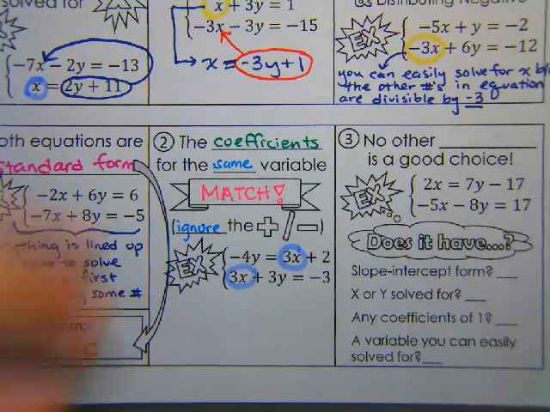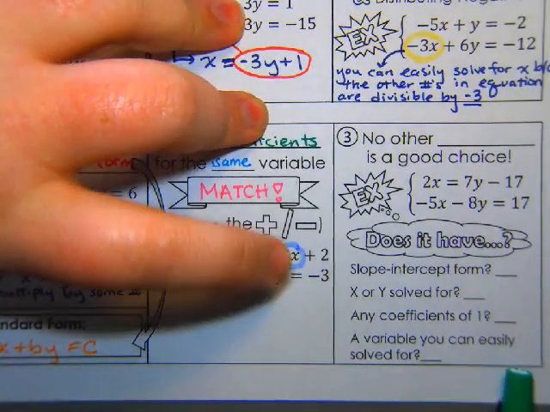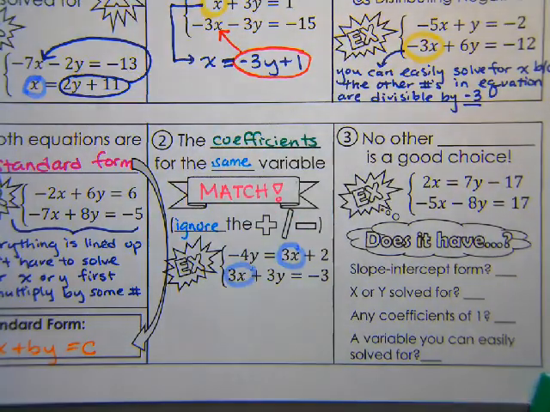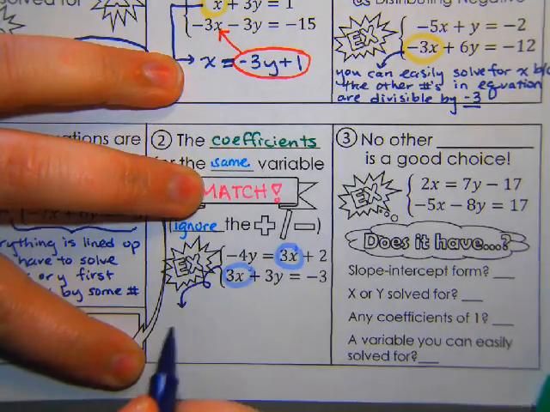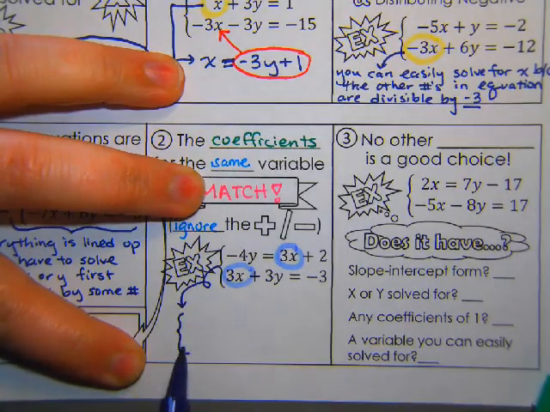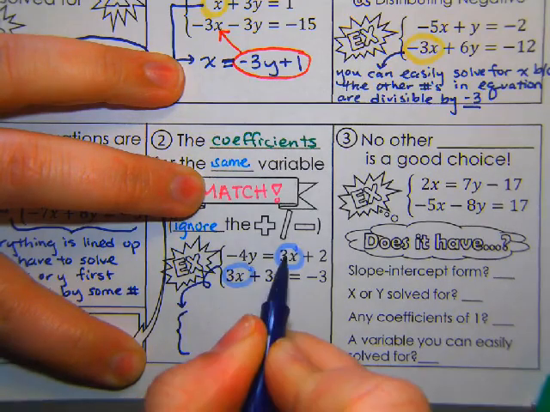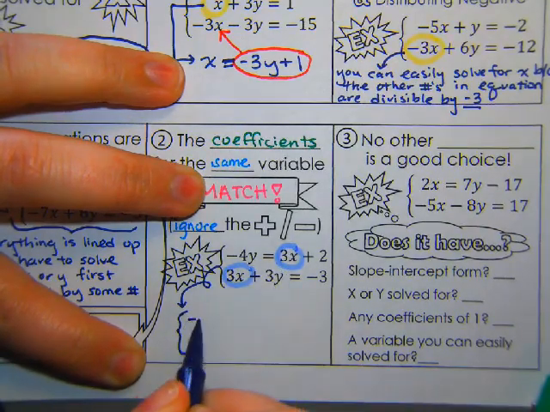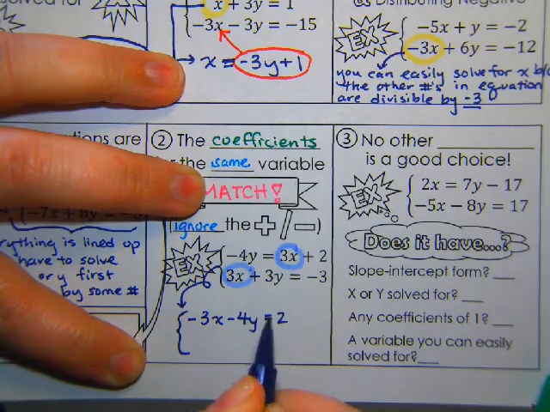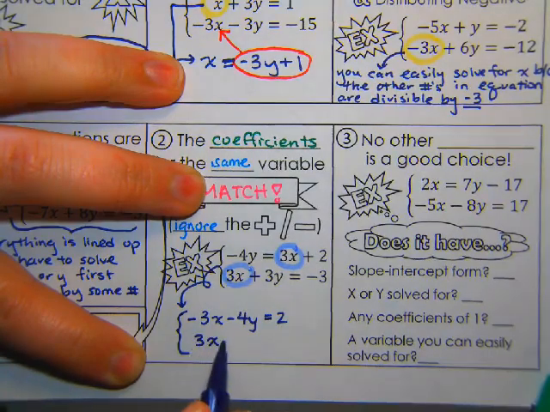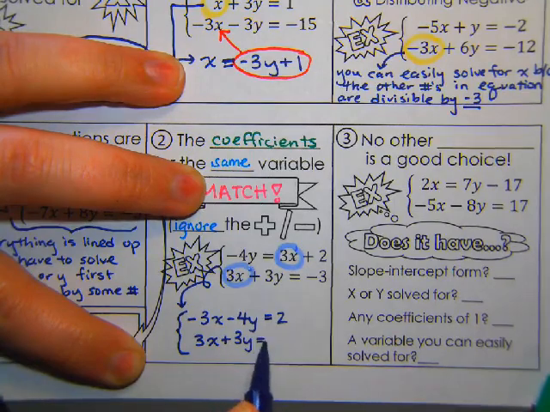So they're not in standard form, but these guys do match, which means when we rearrange, and again, I would show the work, we'll be subtracting that 3x over. So it's -3x minus 4y equals 2. And the bottom equation stays the same because it's already in standard form.